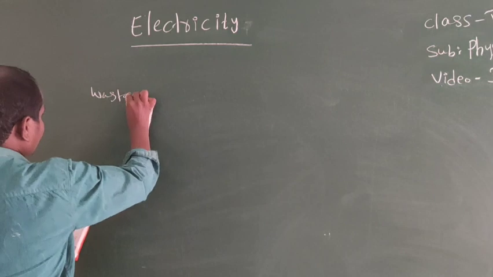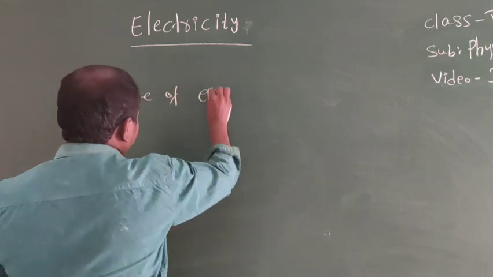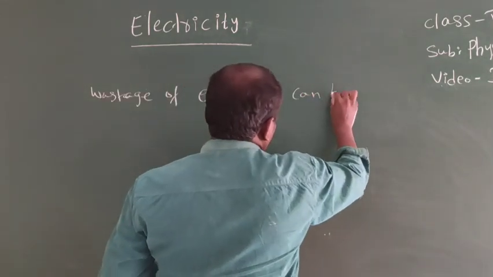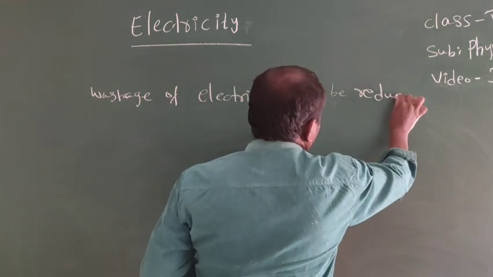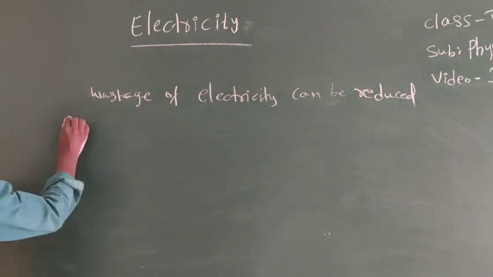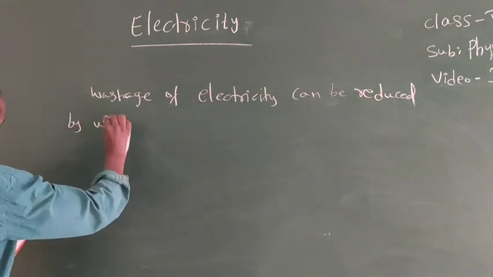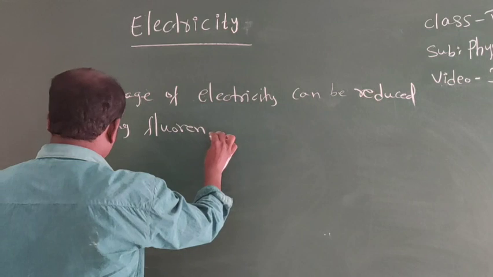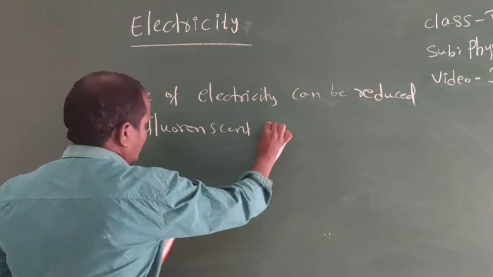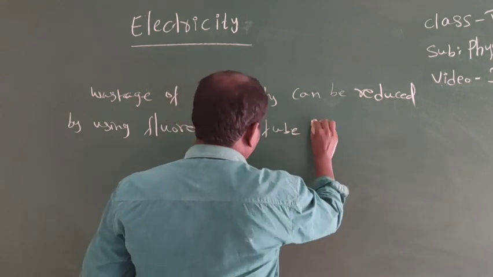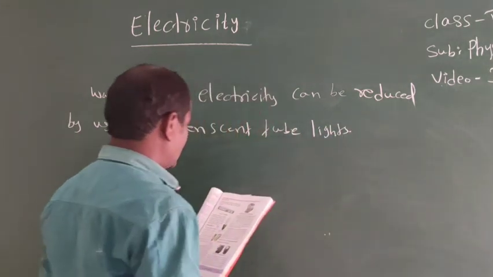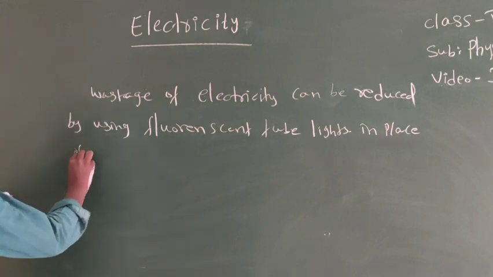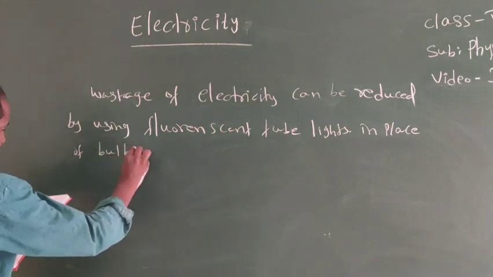Wastage of electricity can be reduced by using fluorescent tube light in place of bulbs.